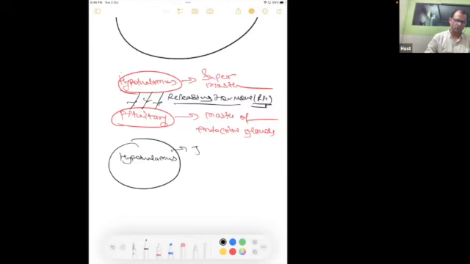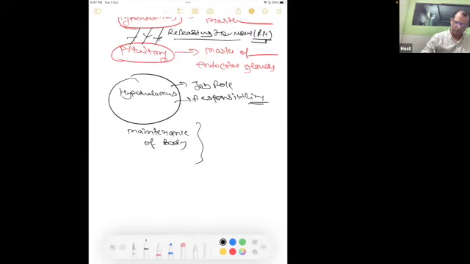What is the job role? What is the responsibility of hypothalamus? The most important responsibility of the hypothalamus is maintenance of the body. Maintenance of body. हमारे शरीर का maintenance करना कैसे? The maintenance of temperature.